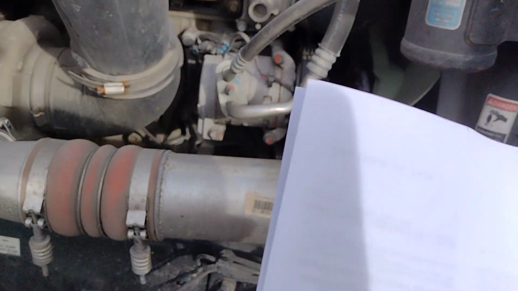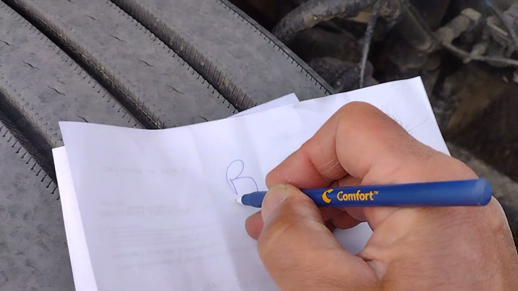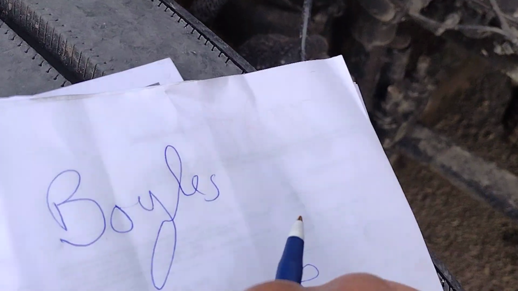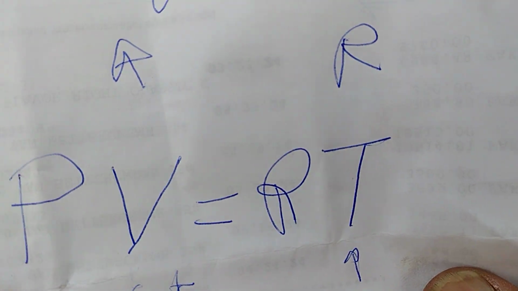That is how simple it is. That is called Boyle's law. So Boyle's law explains to you the relationship between the pressure, the volume, and the temperature.